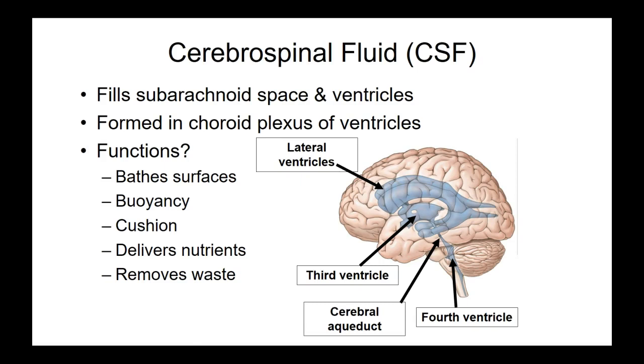So it turns out the buoyancy reduces the amount of weight being pushed onto the brainstem. If you remember, the hole in the cranium through which the spinal cord originates is called the foramen magnum. And if the brain wasn't floating in the cerebral spinal fluid, gravity would constantly be pulling the brain down and causing contact pressure there.